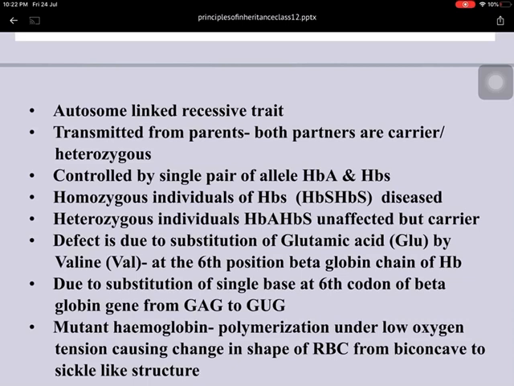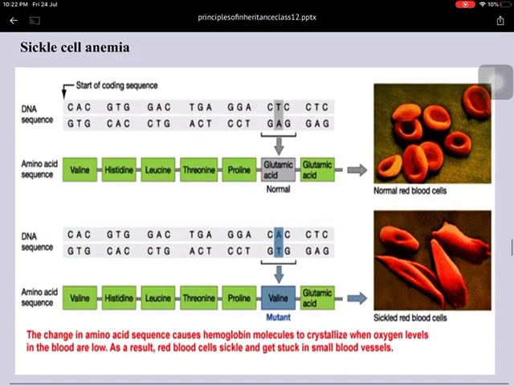But if the gene is mutated, like this, you can see here, instead of GAG, the messenger RNA produced is GUG. Here the DNA sequence is given, but the messenger RNA that is produced, which helps in the formation of the amino acid, is GUG. As a result, what happened? Valine is formed.